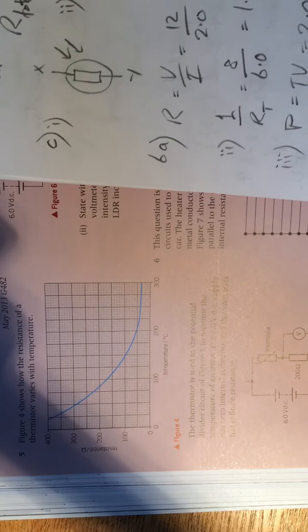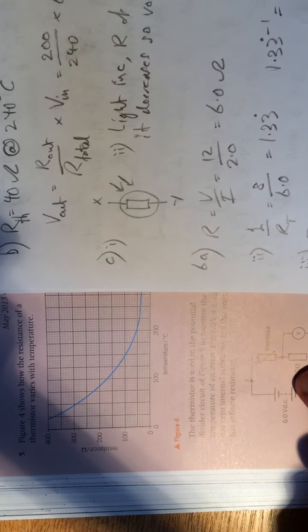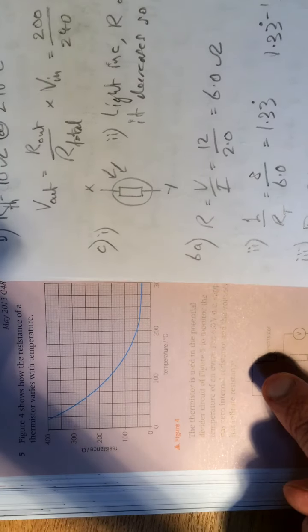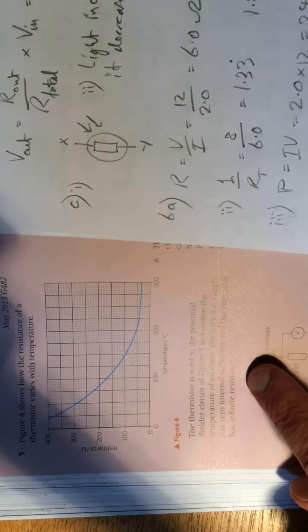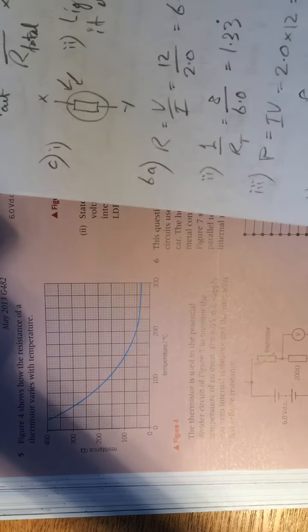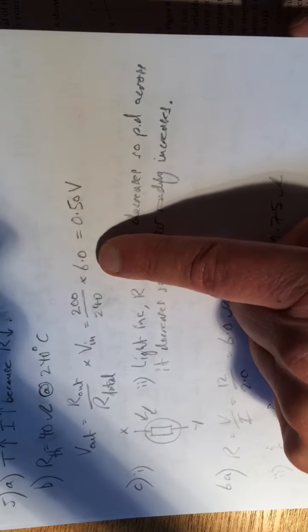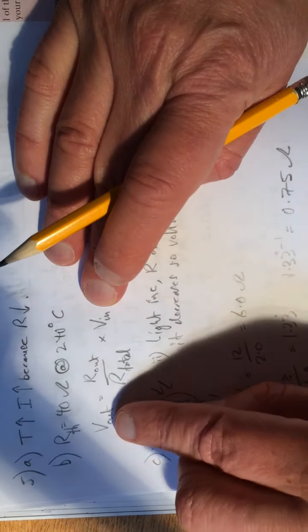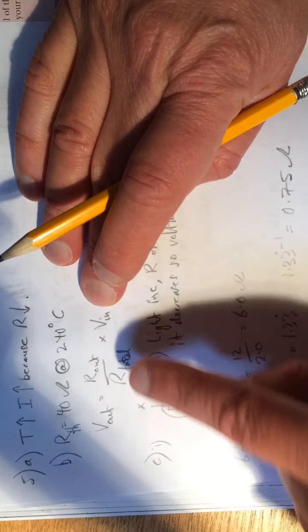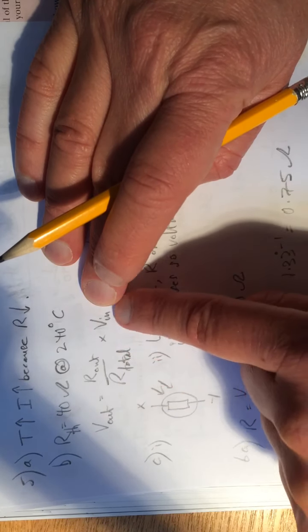It's our 200 ohms divided by the total resistance, which is our 40 ohms thermistor plus the 200 ohms, 240, multiplied by V in, which is 6 volts. So V out equals R out divided by R total times V in. Put the numbers in, half a volt, 2 sig figs.